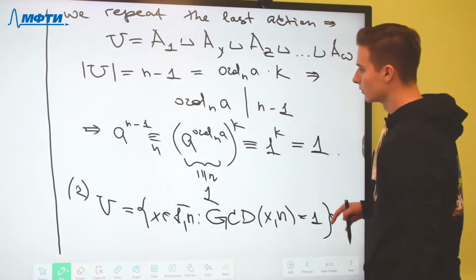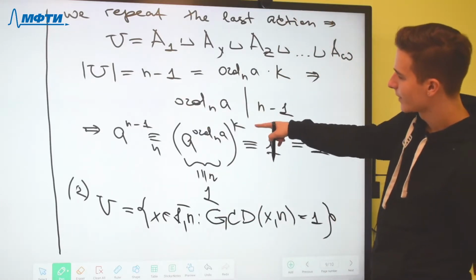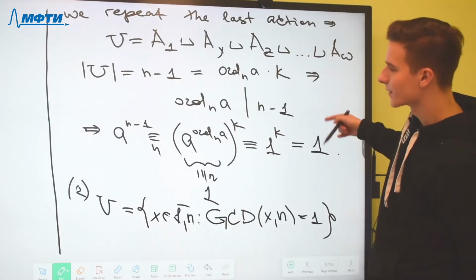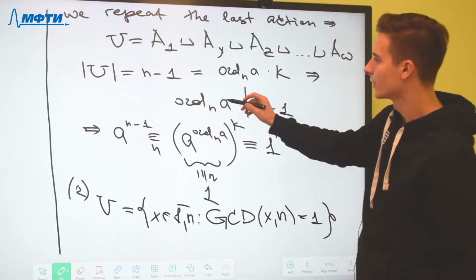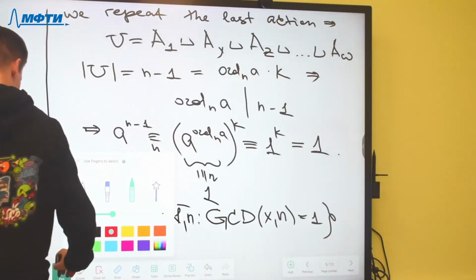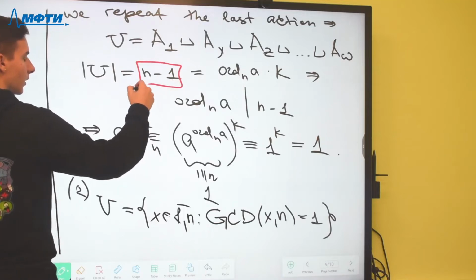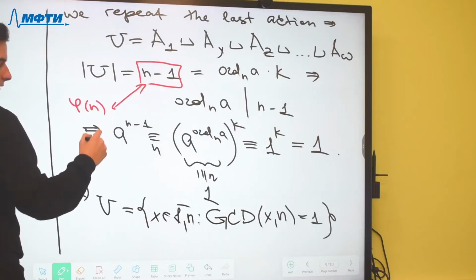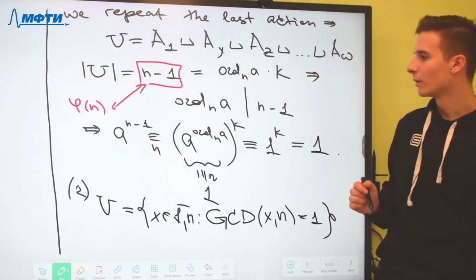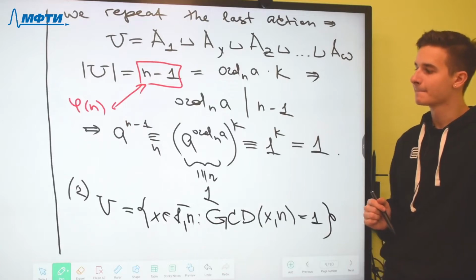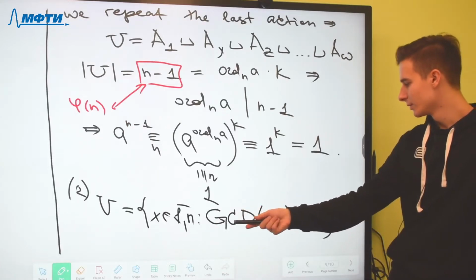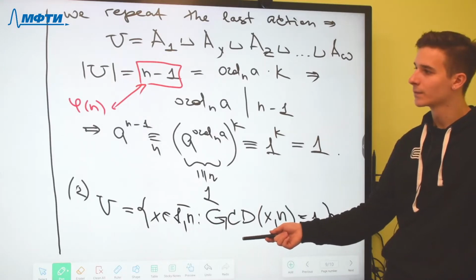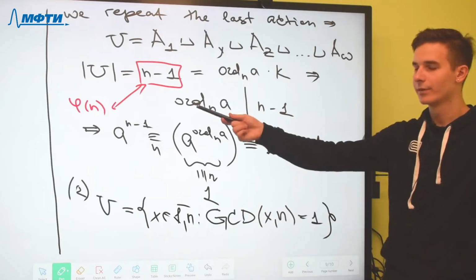And then we have steps similar to these steps. But here we replace it with phi of n, because it is the number of integers in this set, in U set, by the definition of phi of n.